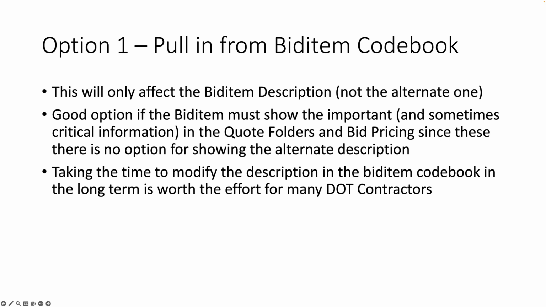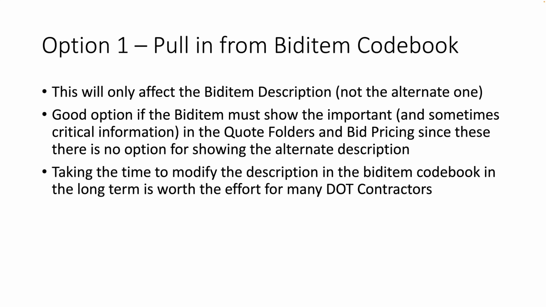All right. Now option 1, this would affect the bid item description, not the alternate one. It's a good option if, let's say, for striping, you have specific information detailing the stripe, white stripe, skip, whatever, and you want that to be in the front of the description. A lot of DOTs put it in the very back.